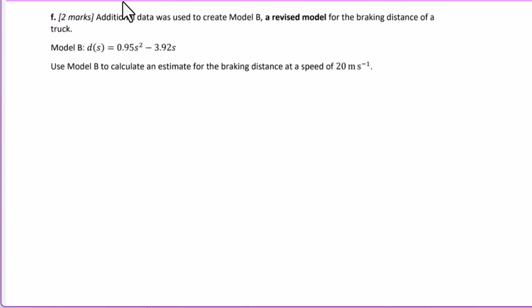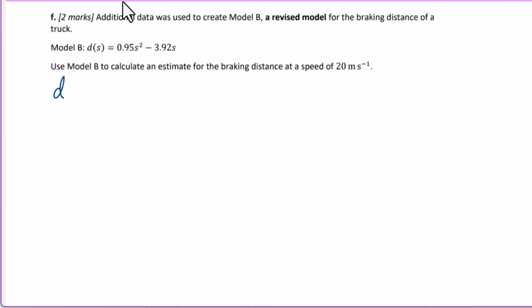Additional data was used to create Model B, a revised model for the braking distance of a truck. Model B: d of s equals 0.95 s squared minus 3.92 s. F. Use Model B to calculate an estimate for the braking distance at a speed of 20 meters per second.